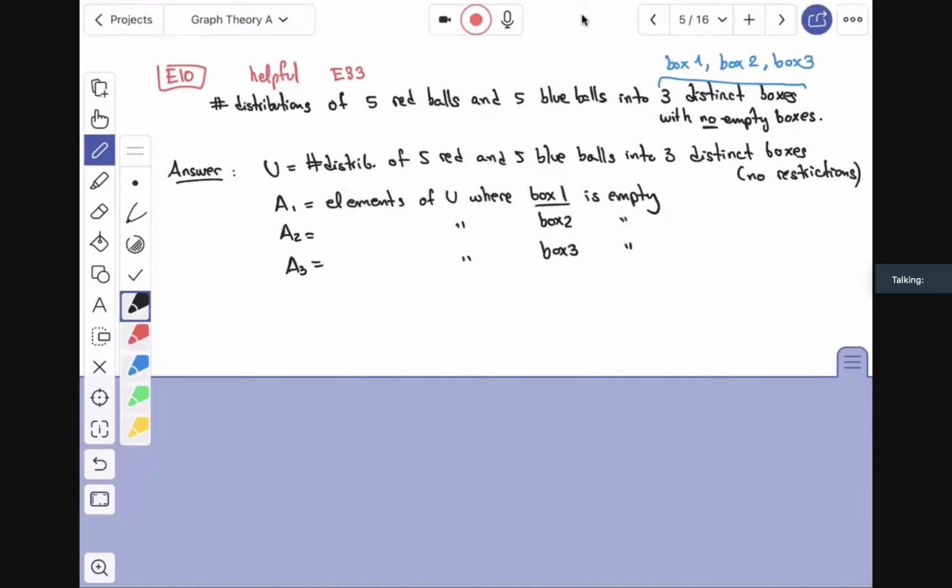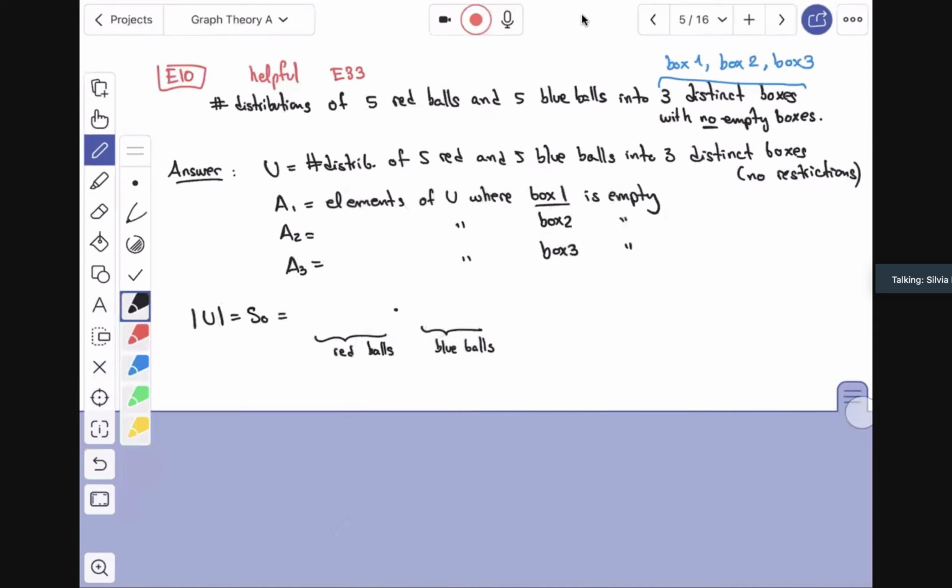Just remember that to figure out the cardinality of U, you do the colors separately. Whatever you have for the 5 red balls, times whatever you obtain for the blue ones.